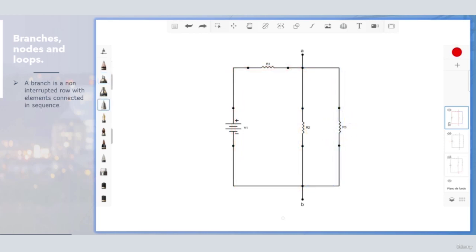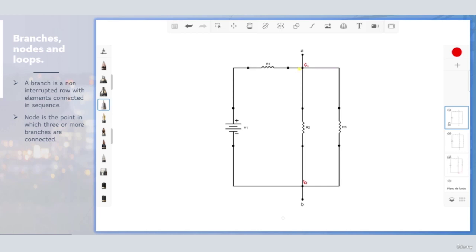So now that we have defined a branch and identified all the possible branches in the circuit, let's introduce the node. By definition, a node is the point in which three or more branches are connected. And as we have seen in the previous lecture, we identified this point as A and this as B. So starting from these two points, we are looking for which of the two points are connected to three or more branches.